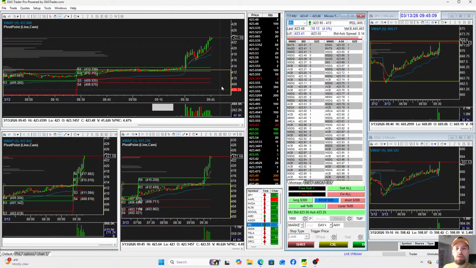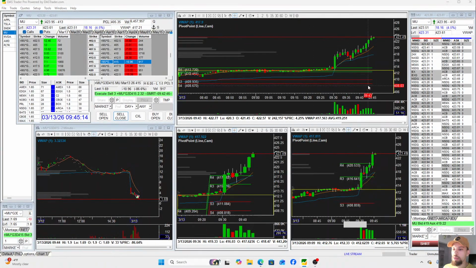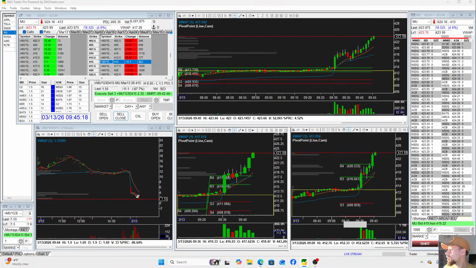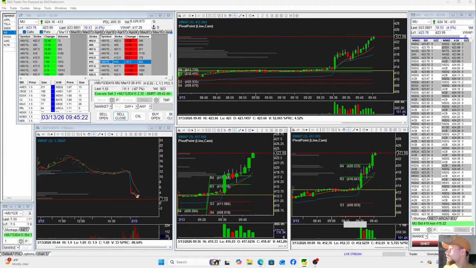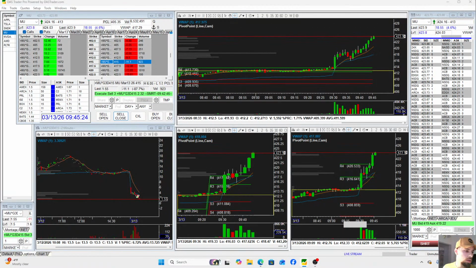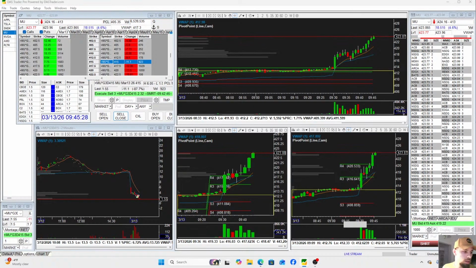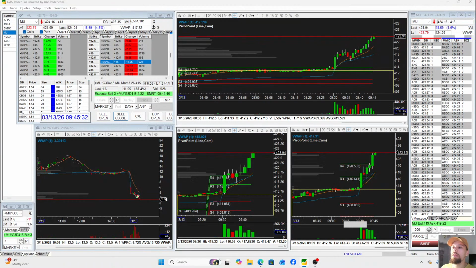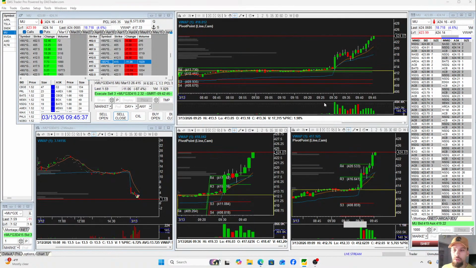MU, very strong. We'll go back to MU on the options. Next liquidity area for MU with a couple orders stacked up. 425 has a nice limit order of 50,000 shares, so it's about $1 away from 425.